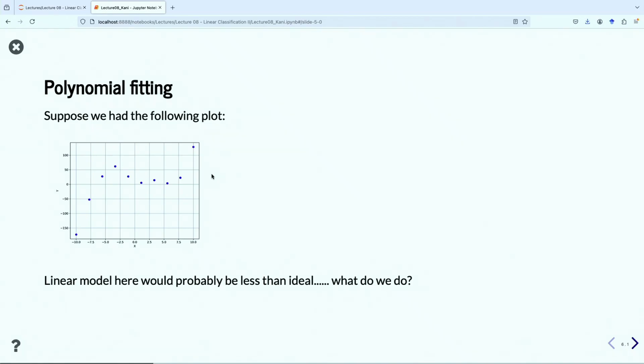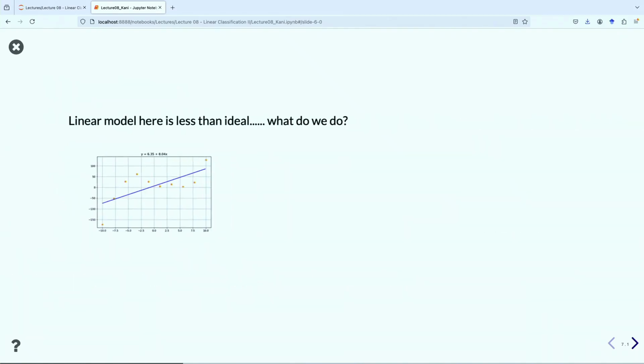Because we, being intelligent human beings with a nice pattern recognition engine in our brain, can see that this is more like what the data is describing. It's describing some polynomial function. So the question is, can we fit a polynomial function to this data?